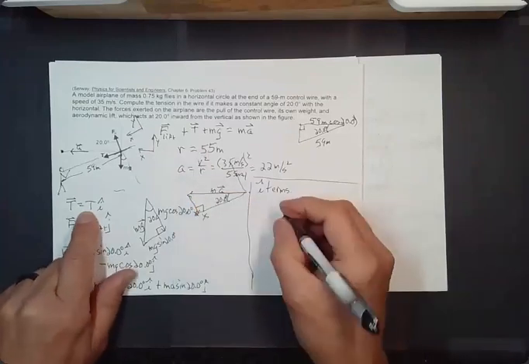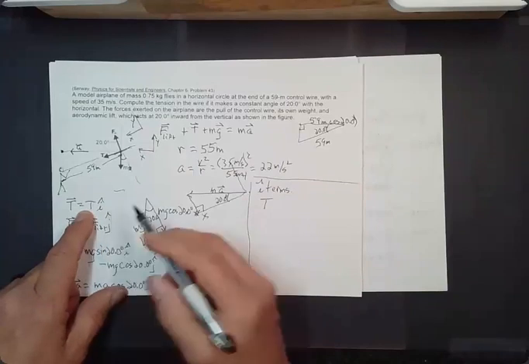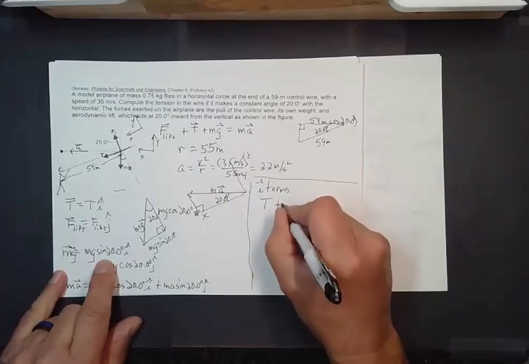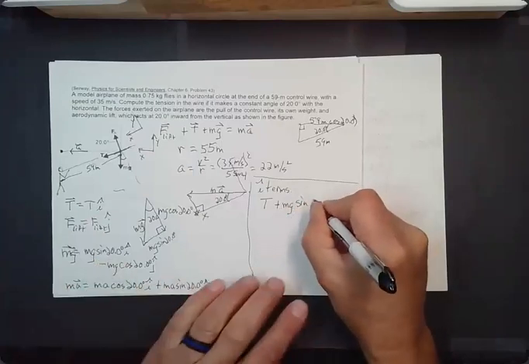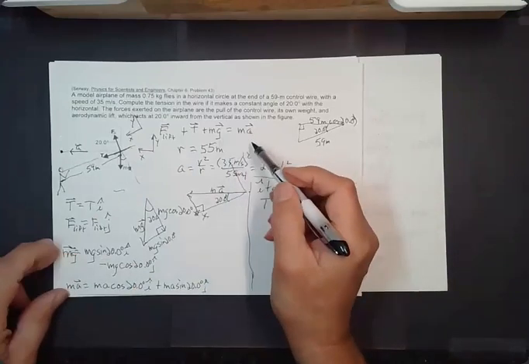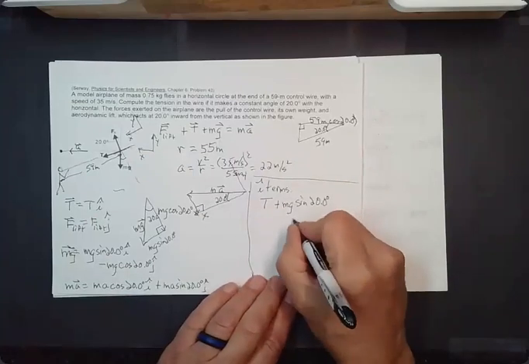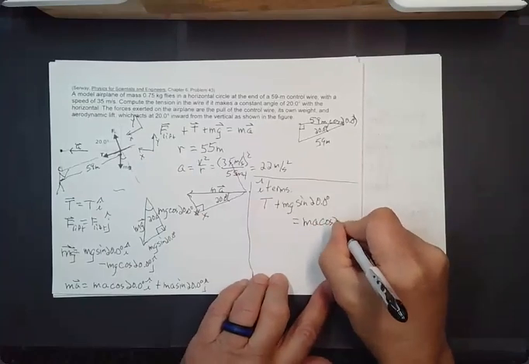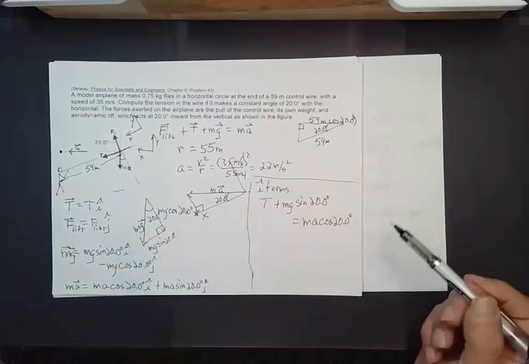T does, it's just going to be T. And mg has an i hat term, so I'll have T plus, and it's also positive, mg sine of 20.0 degrees. That's it for these forces. On the right side of the equation, I've just got ma cosine 20.0 degrees. So that's the scalar equation that I have to solve.